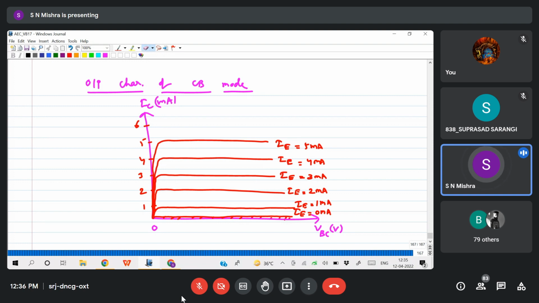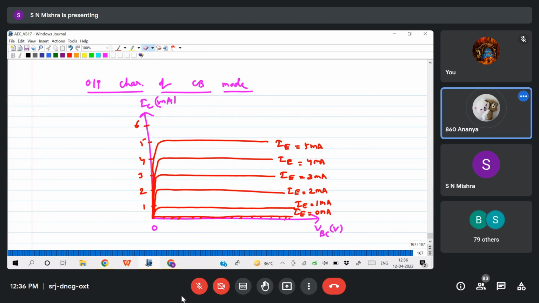Any doubt from this output characteristic? No, sir. Okay. Now we'll see how this graph is again divided into 3 to 4 parts. We'll see that one.